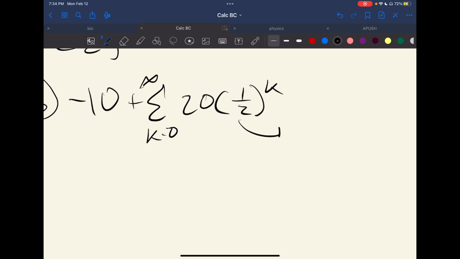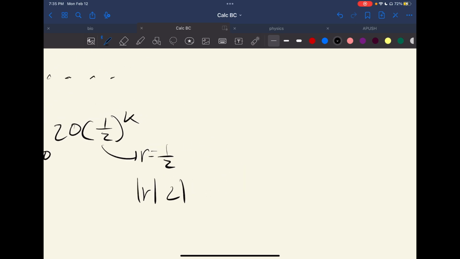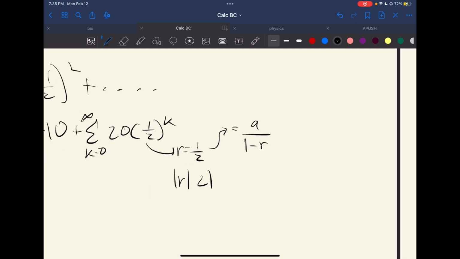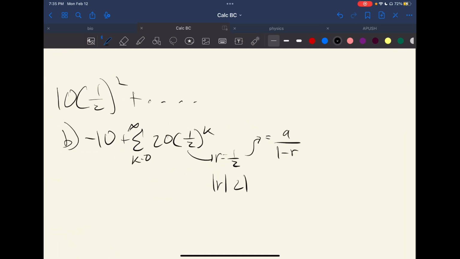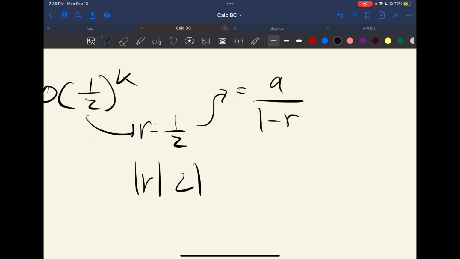We know that r equals 1/2, and the absolute value of r is less than 1. So we can apply our rule, a over 1 minus r, to find the total sum. And this can only be done for geometric series to find the sum to infinity.